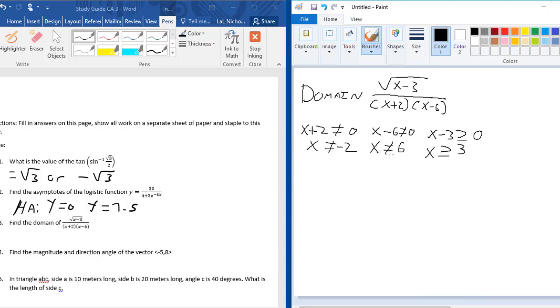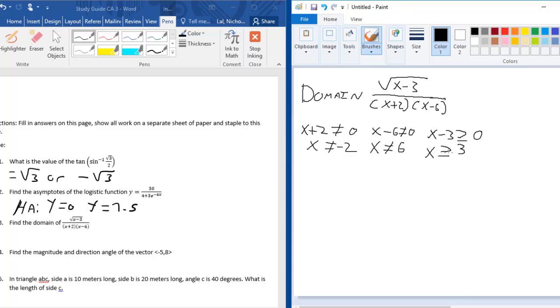And now I look at these domain restrictions, and I have to choose the most restrictive domain restriction. So for example, if x must be greater than or equal to 3, then any value below 3 is completely out of the question.